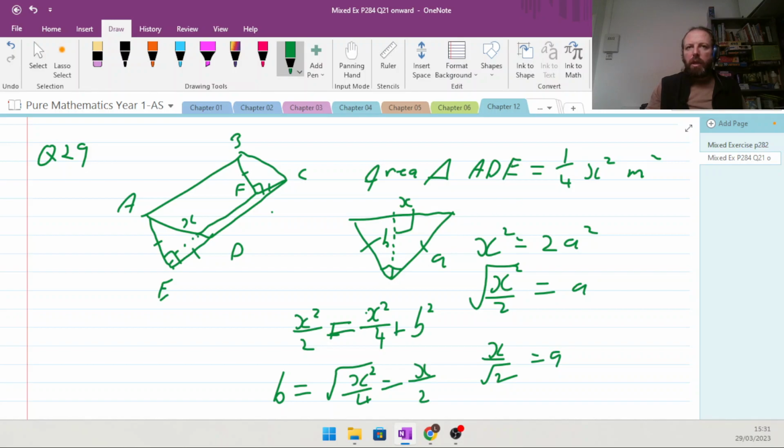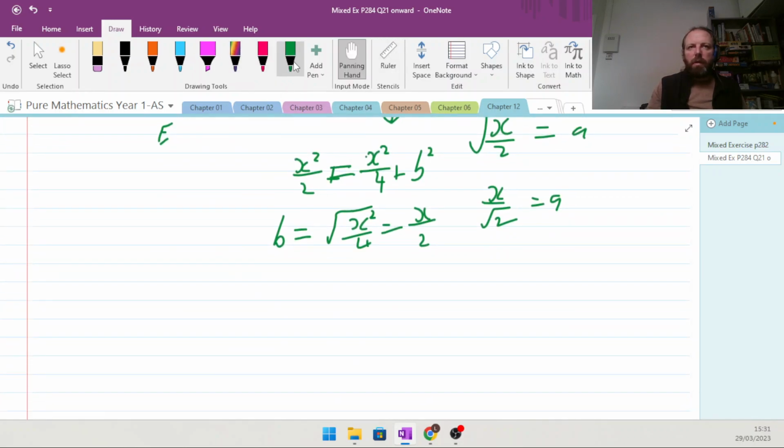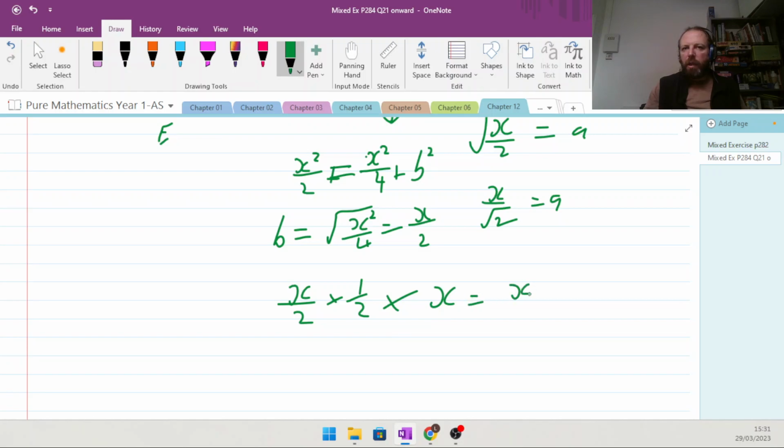Now that we know that, x over 2 times a half times x itself gives us x squared over 4 is equal to area, because we've got the half base times the height. x squared over 4. Good.